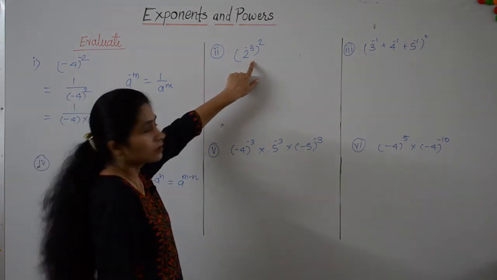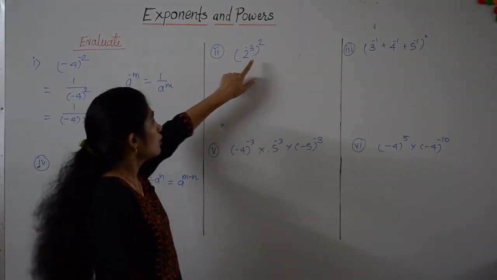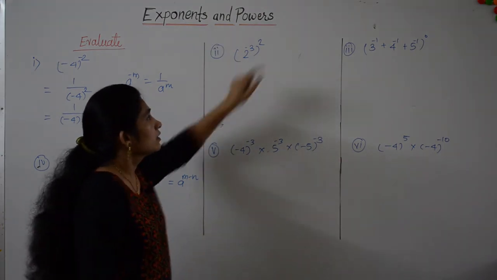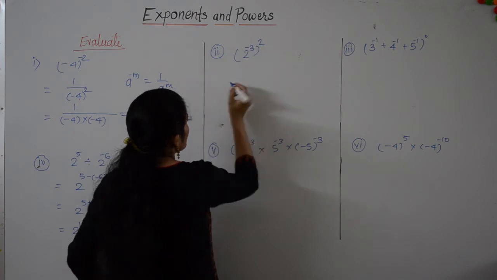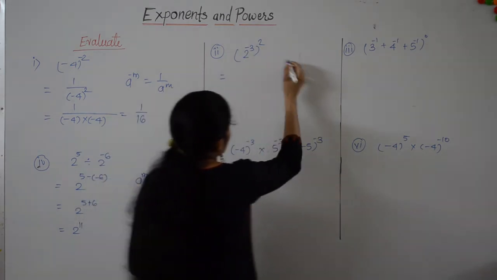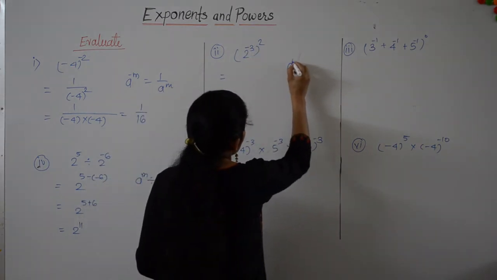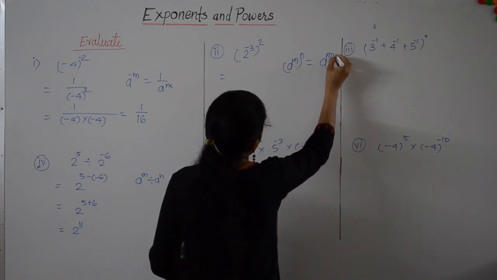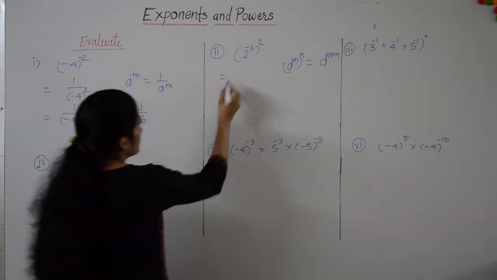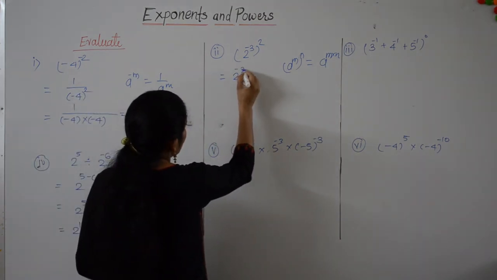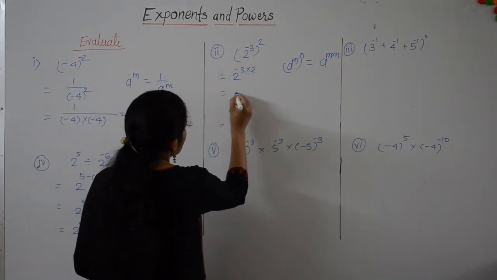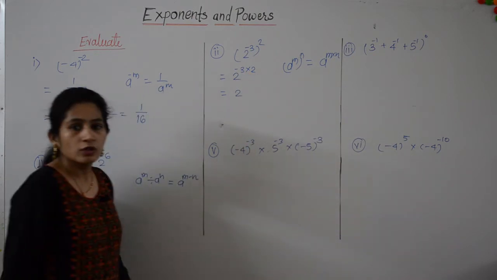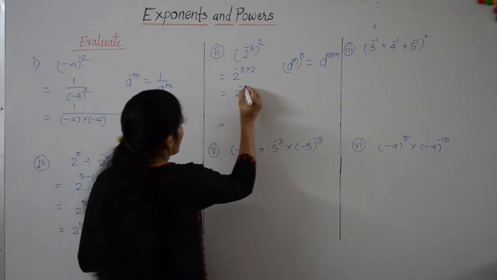Now here you have to use power law, because it is 2 raised to power minus 3 whole raised to power 2. So you have to multiply these exponents according to this rule, a raised to power m whole raised to power n, you write a raised to power m into n. Therefore 2 raised to power minus 3 into 2, which is minus 6.